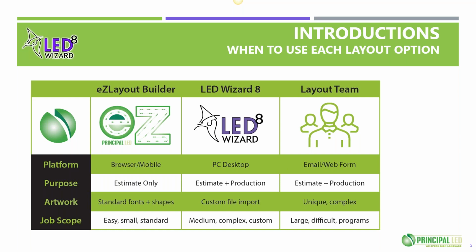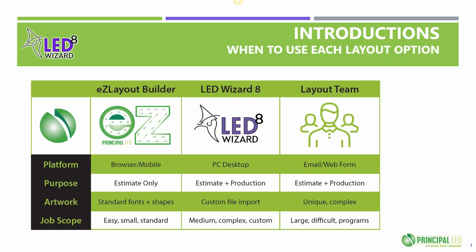I also typically show this slide, and in the context of power supplies, I just wanted to bring this up because the Easy Layout Builder does have a few power supply loading options. We have what's called simple optimal, which will just load a power supply to 100% and then add the next power supply.